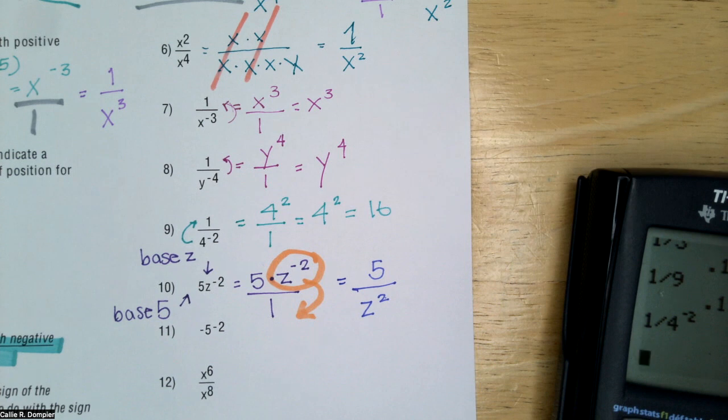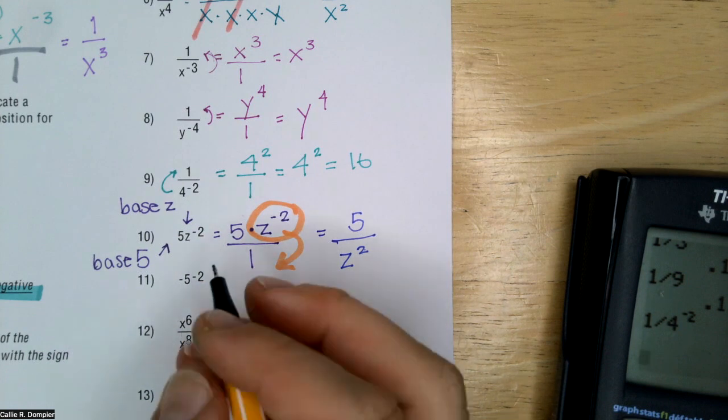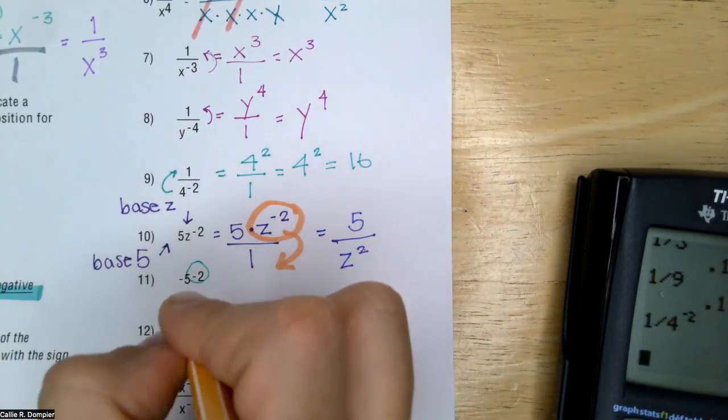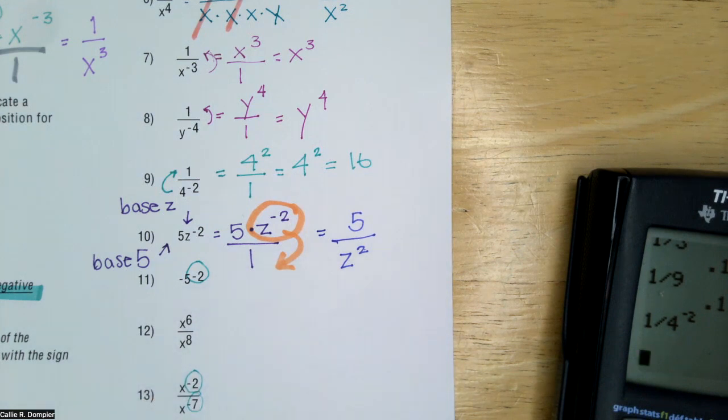11 here is just negative 5 to the power of negative 2. Remember, we are only worried about the negatives in the exponent, okay? We are not worried about the negative associated with the 5.